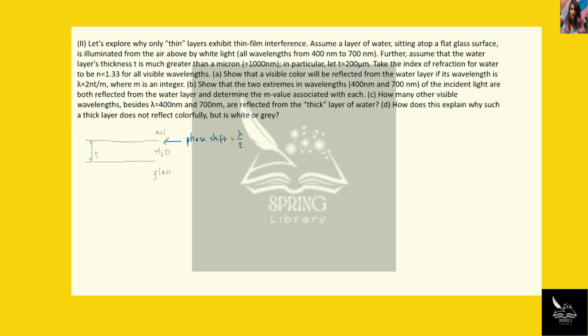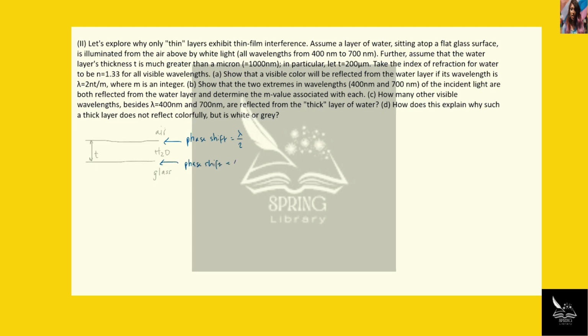So we'll pick up a half wavelength here, and similarly, because the index of refraction of glass is greater than that of water, we are going to have another phase shift here.